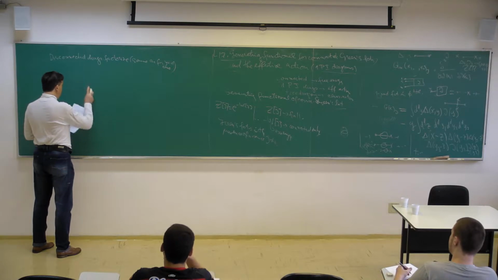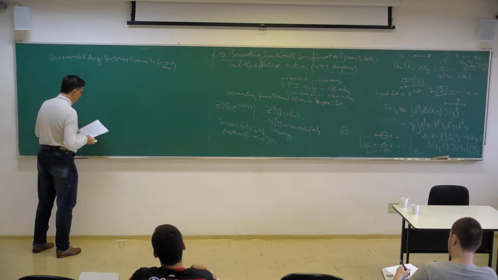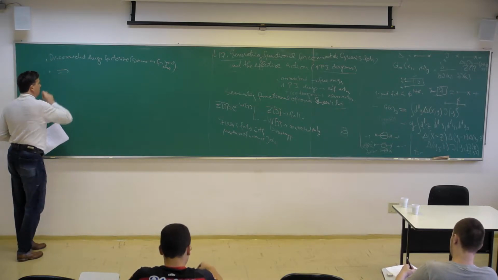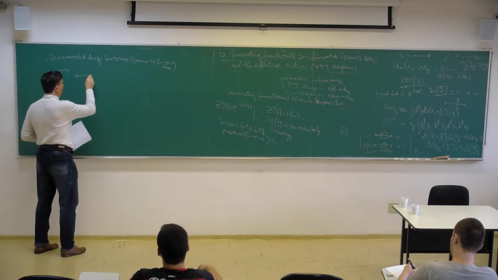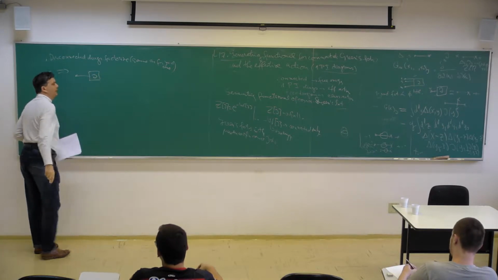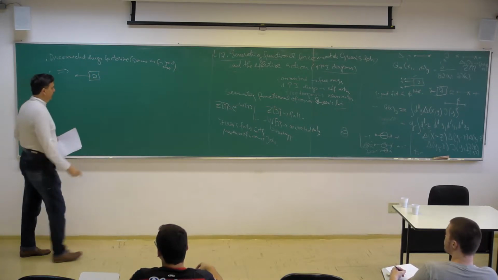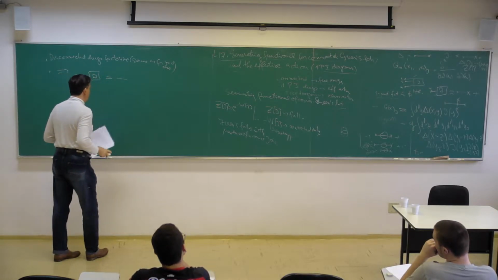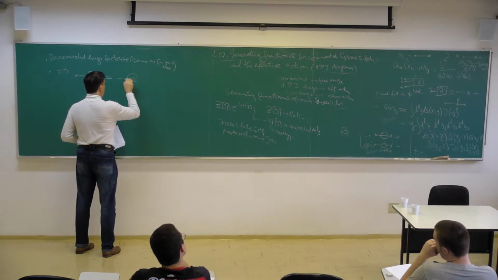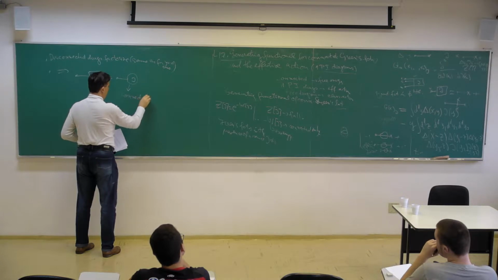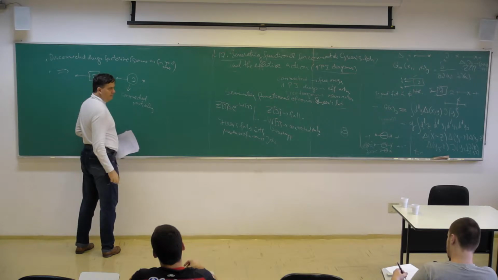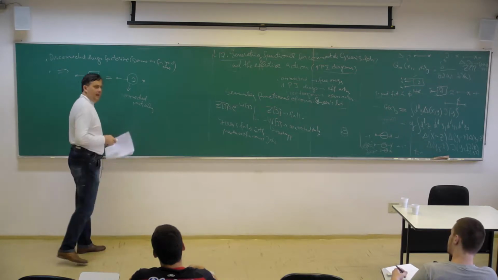So then diagrammatically we say that this one-point function in the presence of j is equal to, and here we will denote by this, meaning only the connected part, times the vacuum bubble.